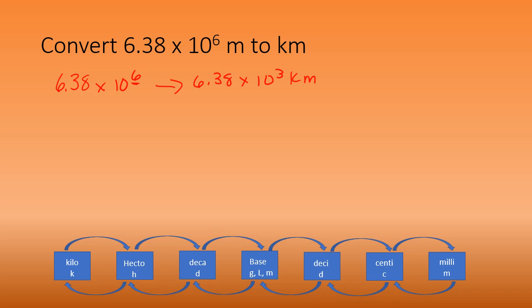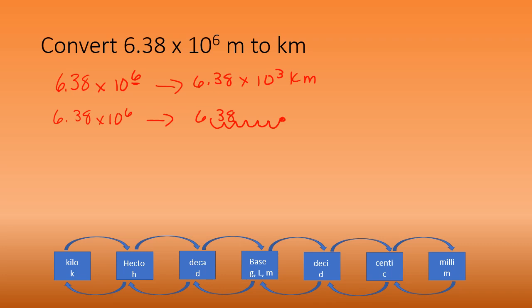Of course, we can do it sort of the old-fashioned way where we just expand the number to normal notation and then do our conversion, which is what I'll show you here. So if we have 6.38 times 10 to the 6th, we expand that out to a normal number by writing our 6.38 and moving our decimal places 6 places to the right, since that is positive. 1, 2, 3, 4, 5, 6.